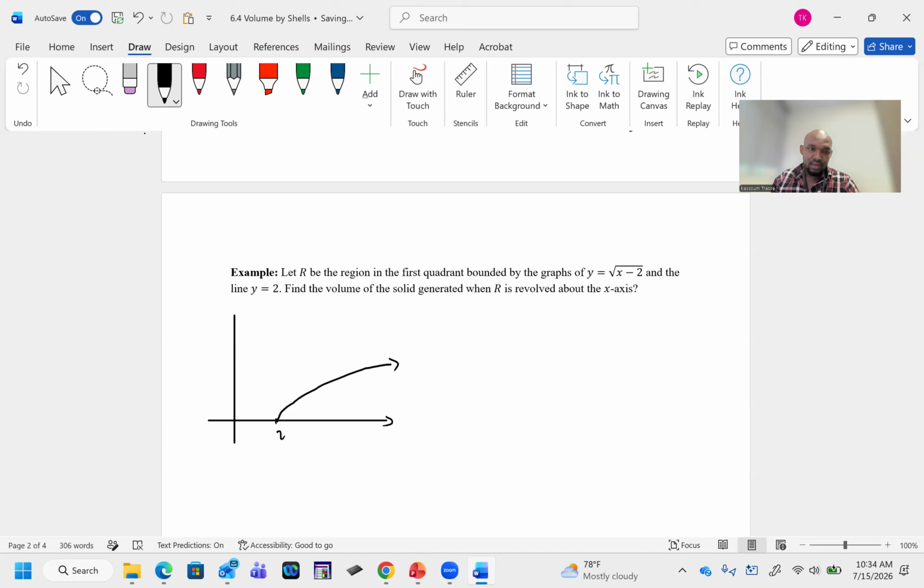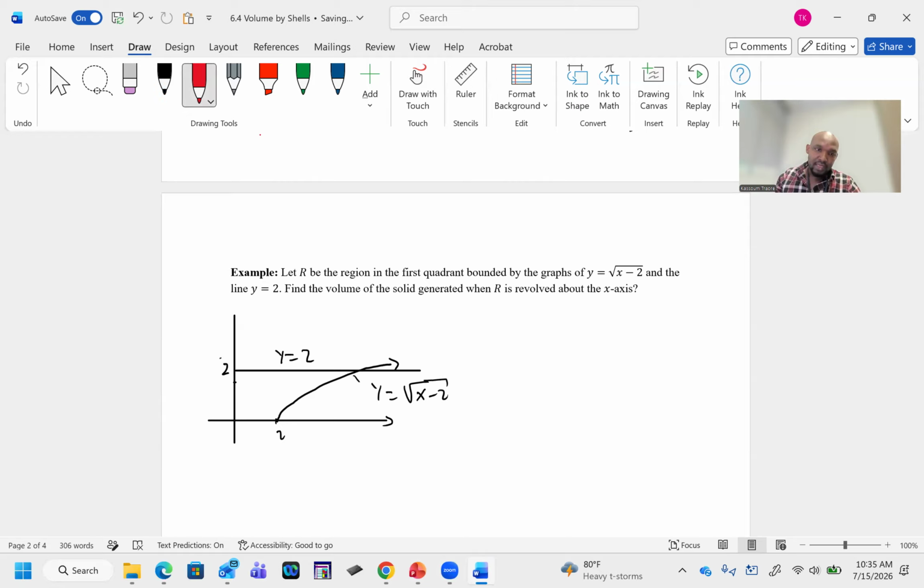And the line y equals 2. So this is the line y equals 2, and this is the graph of y equals the square root of x minus 2.